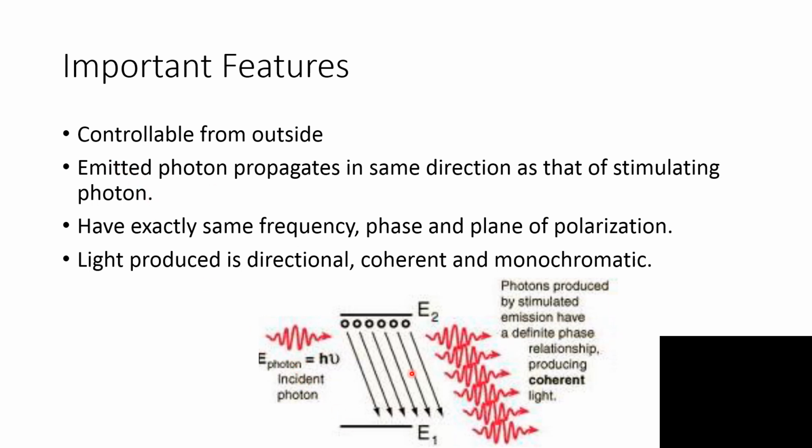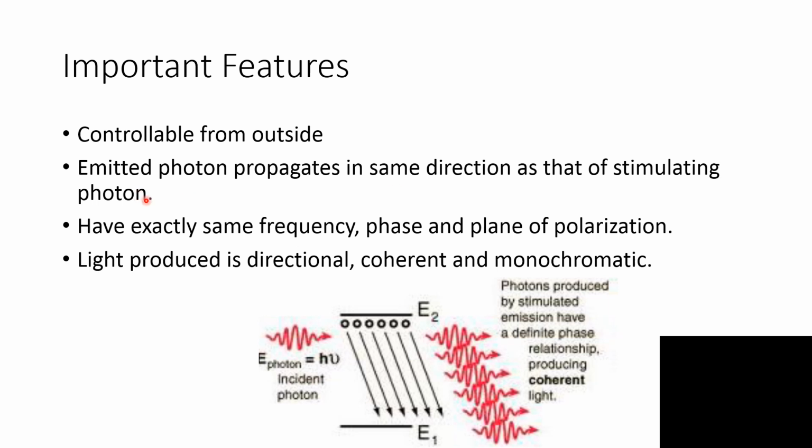You can see in the figure, this is the electron. It was coming, and then after the stimulated emission, all the photons go in the same direction. Therefore, the emitted photon propagates in the same direction as the stimulating photon.